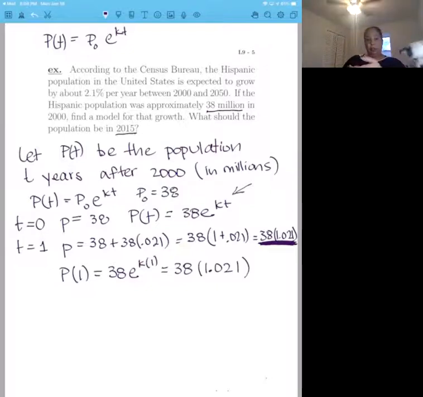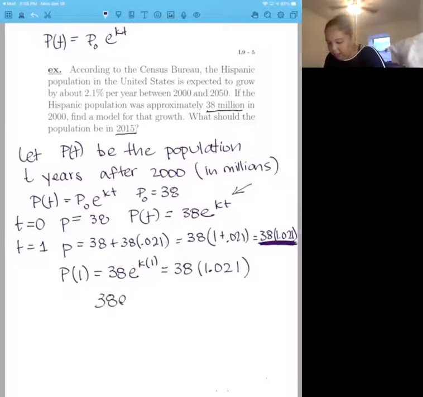All right, so what we said before is if I want to model a population growth or a growth function, I need the initial population and I need the growth constant, all right? I have the initial population, I don't have K. So what I'm looking for right now is K, all right? So now I'm going to set these two equal to each other, right?